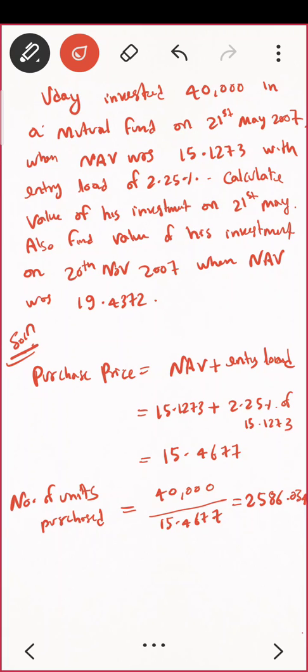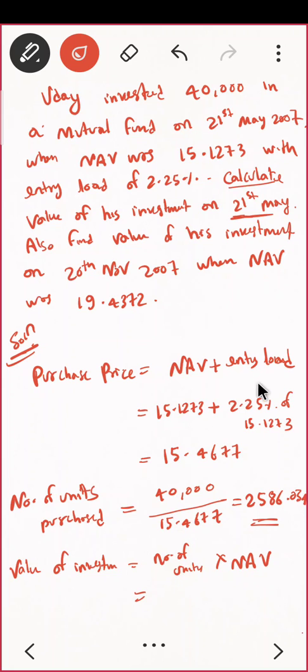Yeah, thank you. So this is number of units we have got. Now, what was the question first? Calculate the value of his investment on 21st May. Value of investment means what? It will be value on your NAV, correct? So value of investment must be number of units multiplied by NAV, correct?